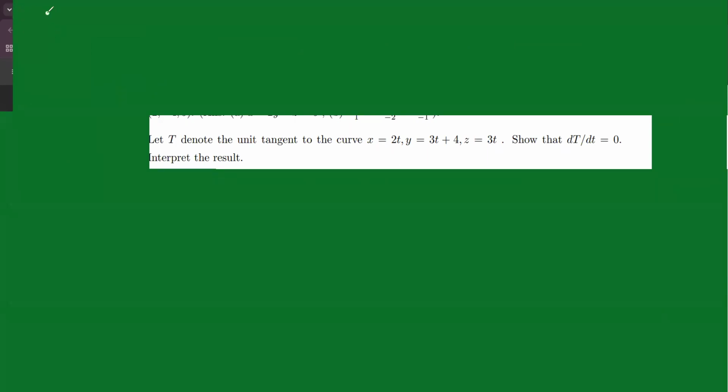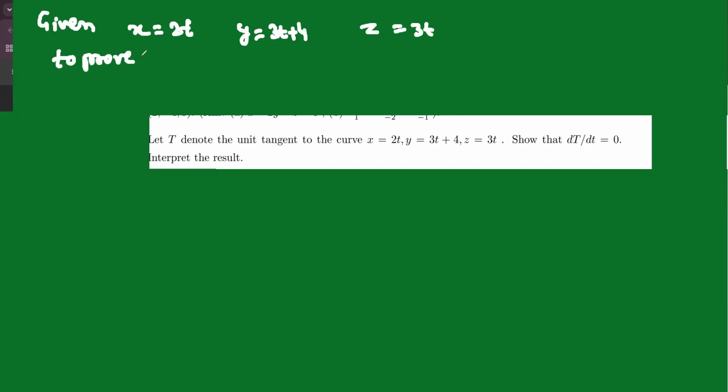So first write what is given. x is equal to 2t, y is equal to 3t plus 4, z is equal to 3t. What you have to prove? dT upon dt is 0. And what is capital T? T is unit tangent to the curve.